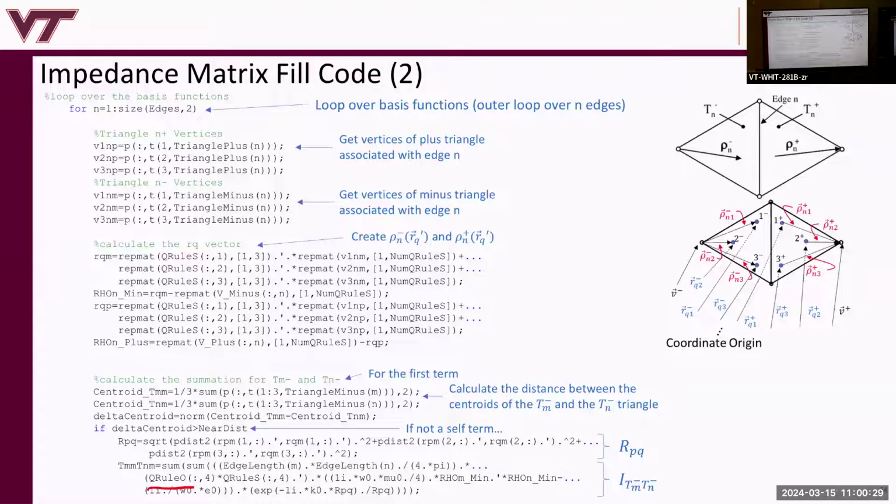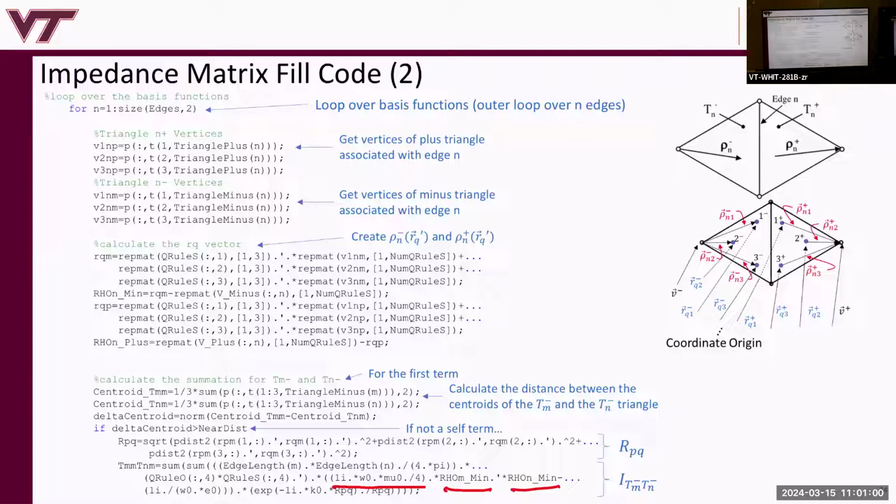Quadrature rule, all rows column 4 is the weight coefficient column for the observation, and all rows column 4 for the source quadrature rule. So we get the weighting coefficients for the observation and for the source, and we multiply those two together first inside of these two sums, and we multiply that result by j omega mu over 4 times rho m minus dotted with rho n minus.